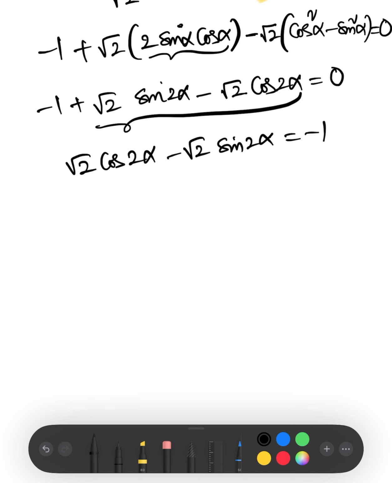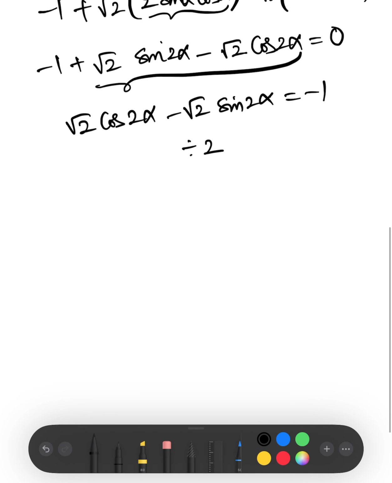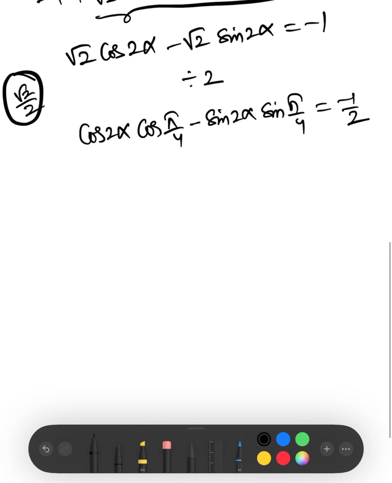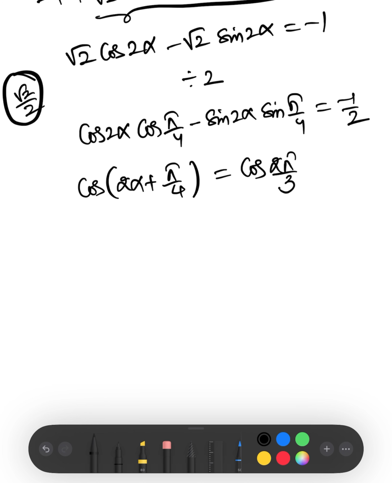Now you can divide both sides by root 2, then we get 1 by root 2, so that it is cos 2 alpha cos pi by 4, here also 1 by root 2, minus sin 2 alpha sin pi by 4, equal to minus 1 by 2. See that it is cos A cos B minus sin A sin B. I can say that it is cos of (2 alpha plus pi by 4) equals minus 1 by 2. I can write as cos 120, that is 2 pi by 3.